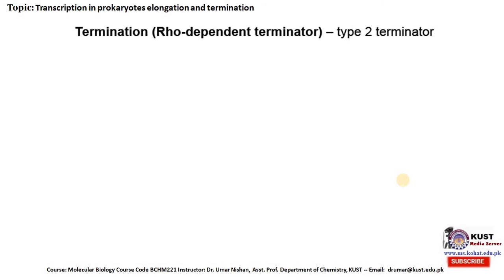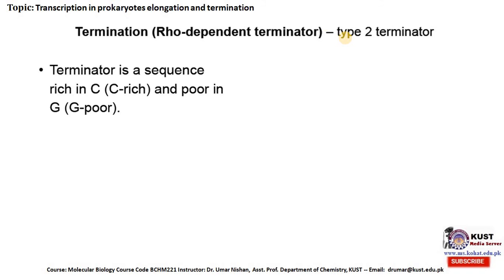Now there is another type of termination that is called rho dependent terminator. This is also called type 2 terminator.